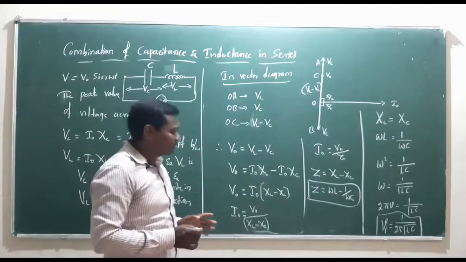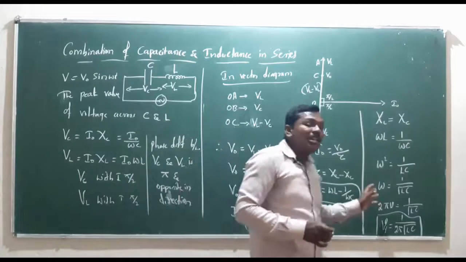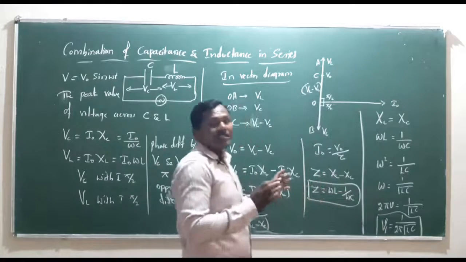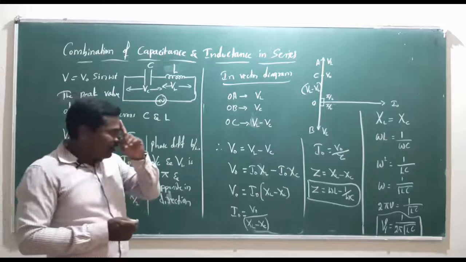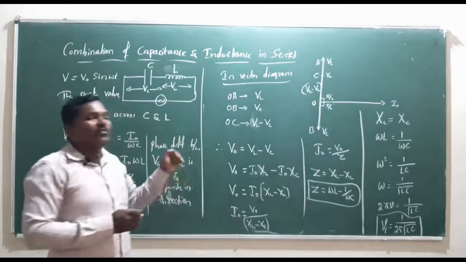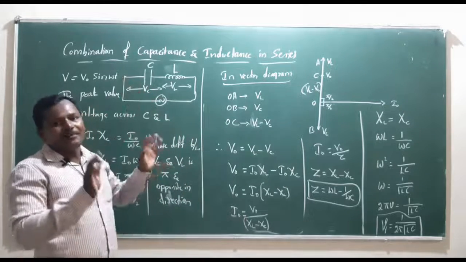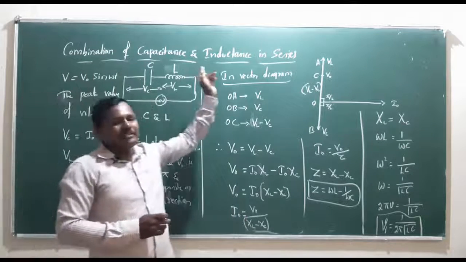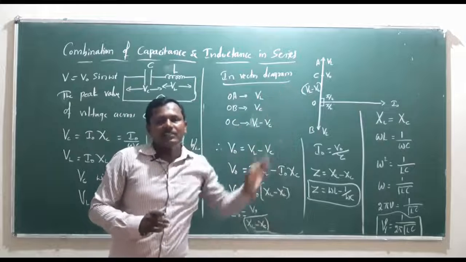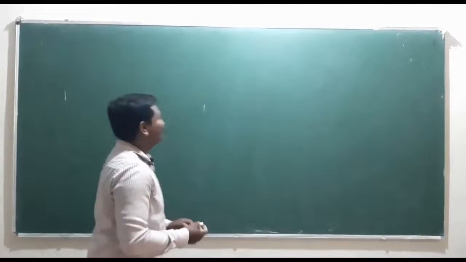The resonant frequency is the frequency at which the current flowing through the circuit is maximum. So the current flowing through this circuit is maximum, and this is about the combination of capacitance and inductance in series.